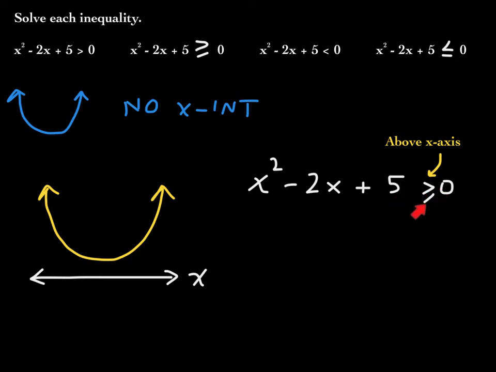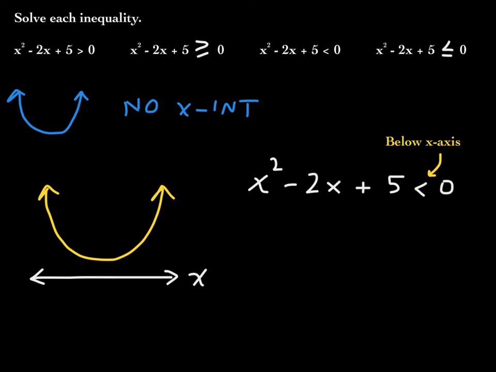Greater than or equal to 0 means find out when this parabola is either above the x-axis or right on the x-axis. Well, it's never right on the x-axis, but it is always above the x-axis. So your solution here, again, is all real numbers. Meaning, no matter what x value you plug in here, you will always be either greater than 0 or equal to 0.